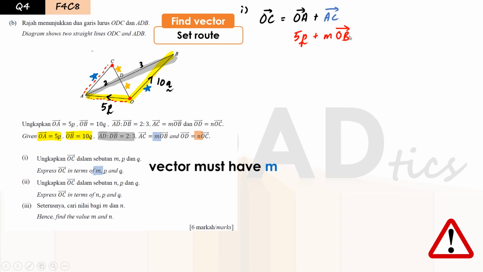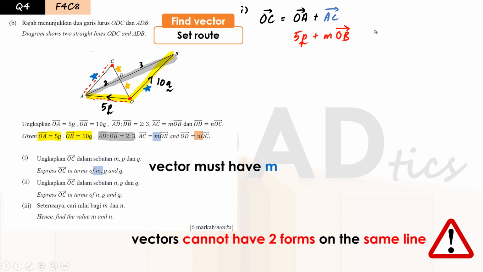The reason is that for vectors in the same line, it cannot have two forms of vector. So what are the two forms? Basically the vector P here and OB. These two are different forms of vector and they cannot appear on the same line. The same line must have one form of vector only, either all of this or all of this.